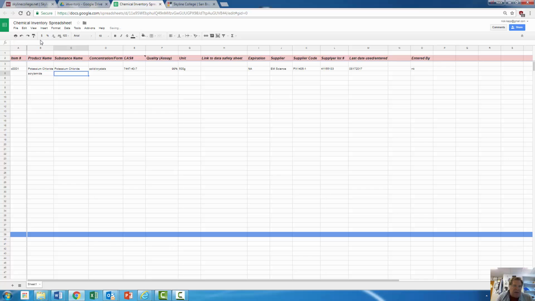So it's acrylamide for making acrylamide gels, and it is a 30% acrylamide bis solution, 37.5:1. It is a liquid.